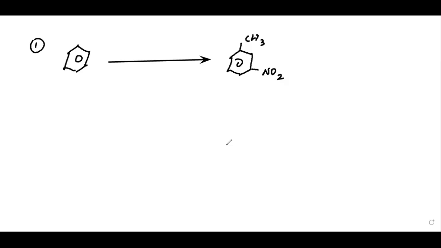To make methylbenzene, what are the 2 reagents we use? Anhydrous AlCl3 and CH3Cl, haven't you done? To make methylbenzene, anhydrous AlCl3 and CH3Cl. You have done it, right? And the other one, nitrobenzene.